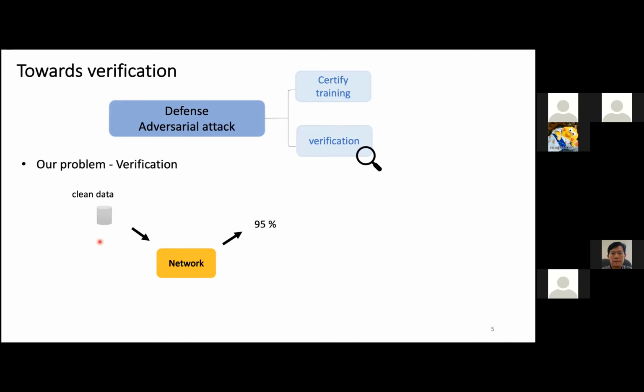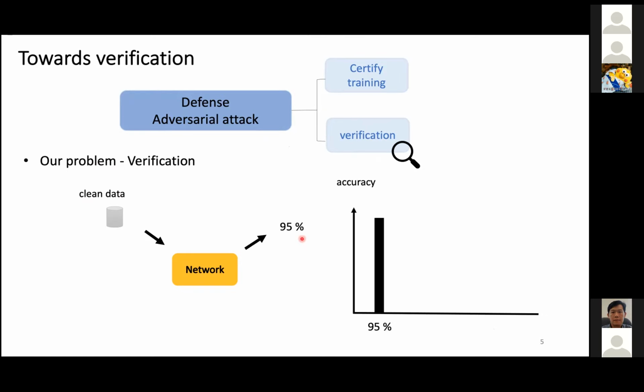So here we have a network and it has been trained. Now we put some clean testing data to the network, and it has 95% accuracy on image classification. But we know that there are so many attackers who want to hit the network. Maybe attacker A generates the noise and adds it to the clean data to get the adversarial example.